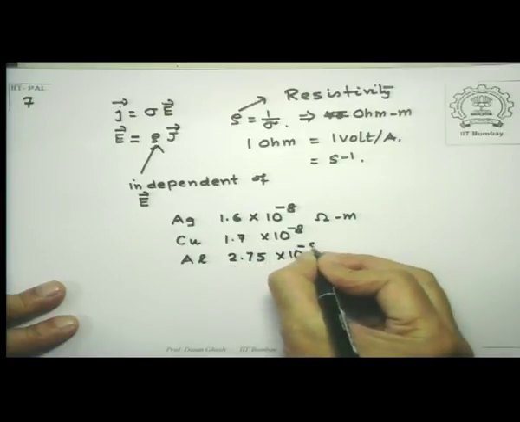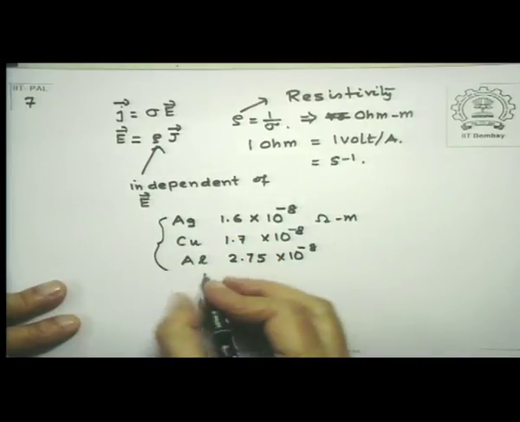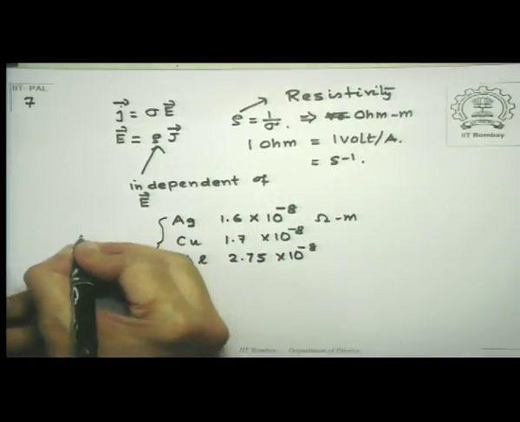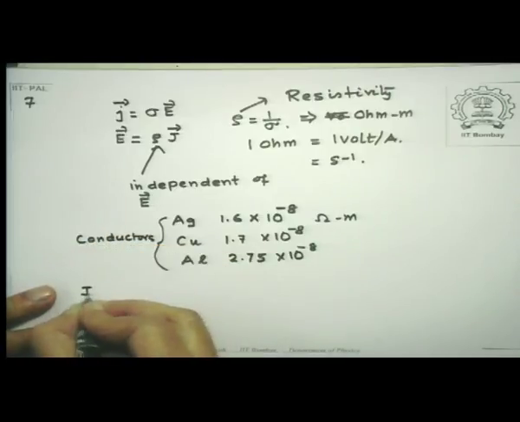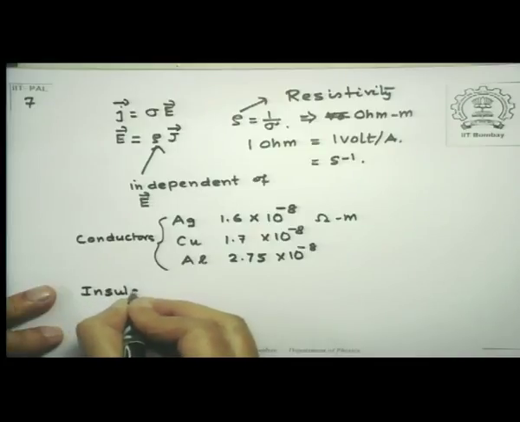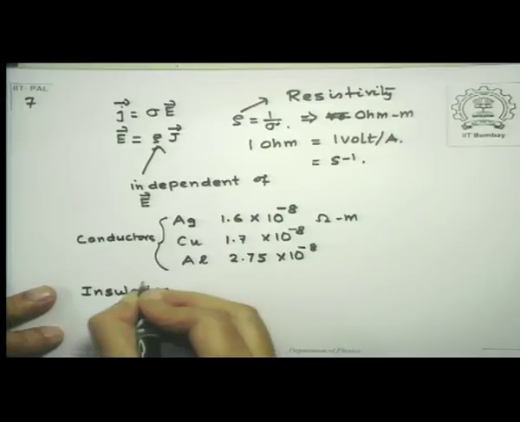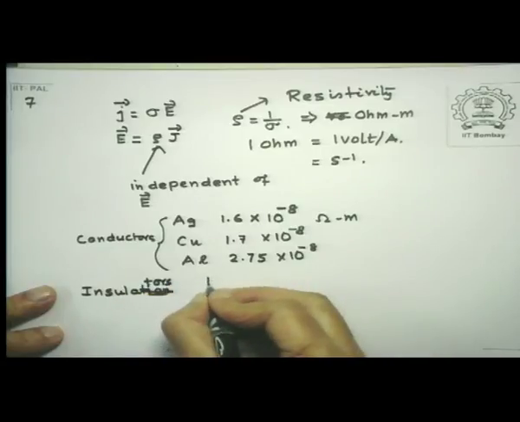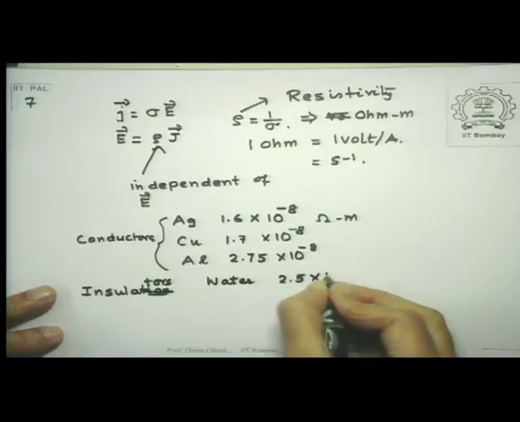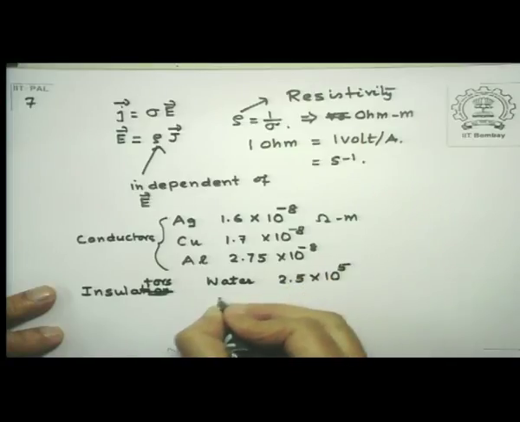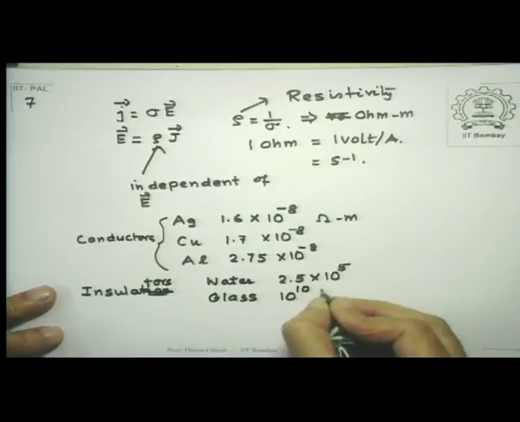These are some good conductors. On the other end of the spectrum, there are good insulators, which do not readily conduct electricity. Typically, water is 2.5 times 10 to the power 5 ohm meter. Glass can have a value between 10 to the power 10 and 10 to the power 14.